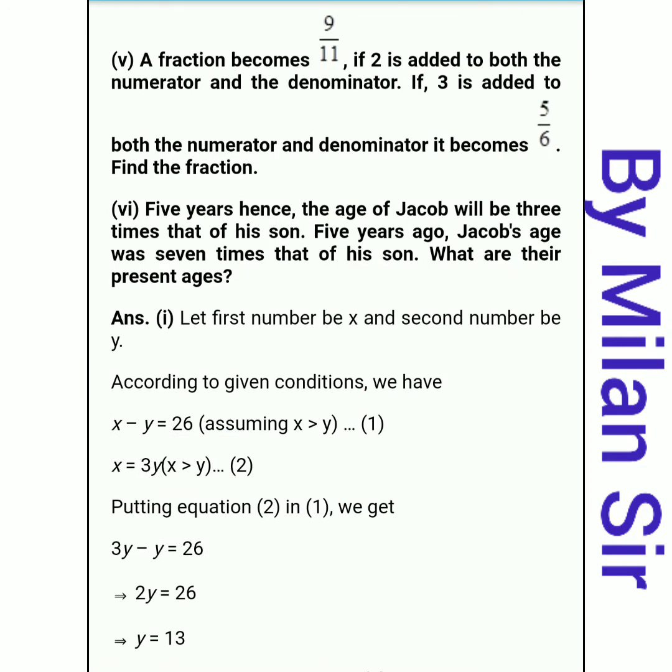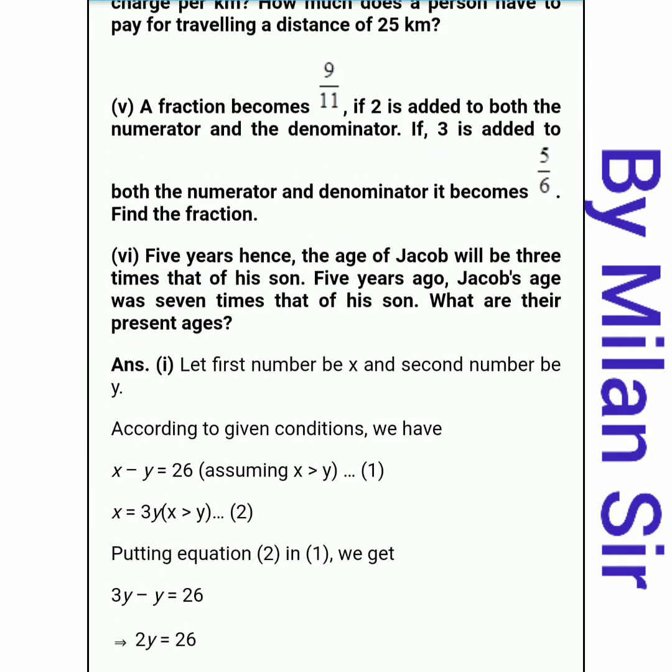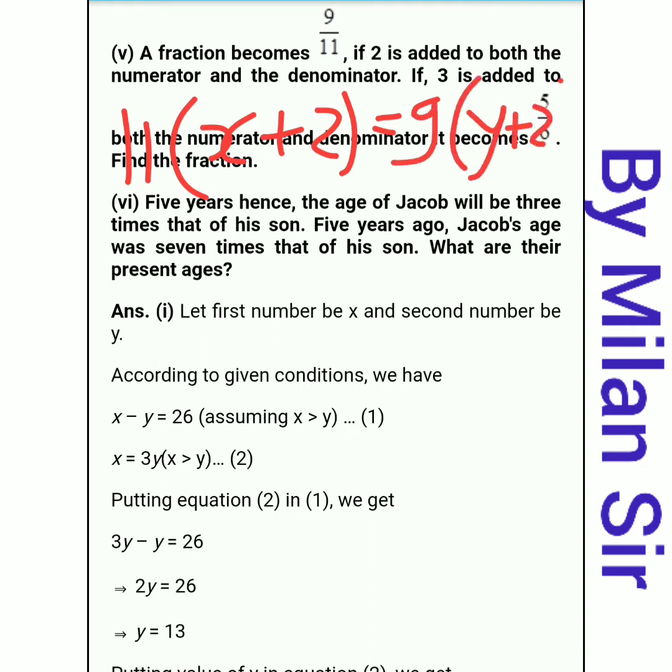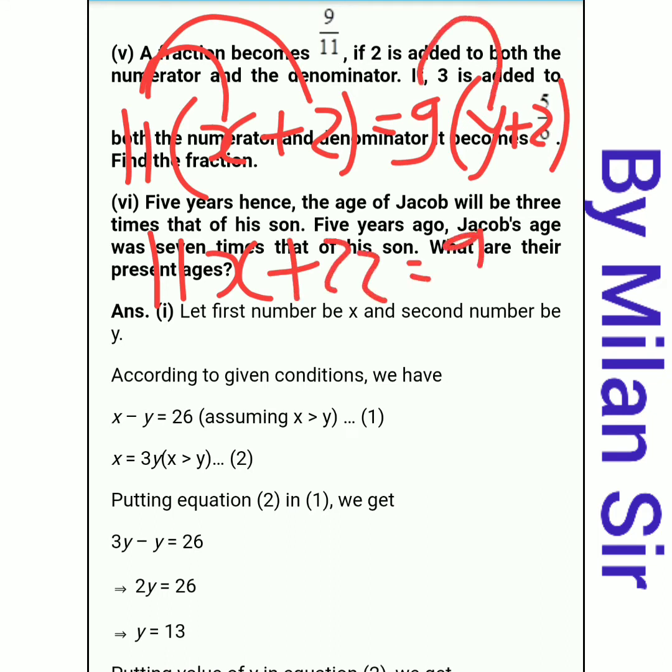Then we do the multiplication: 11 into x is 11x, 11 into 2 is 22, equal to, on the right hand side, 9 multiplied by y is 9y plus 9 into 2, which is 18. So 11x plus 22 is equal to 9y plus 18.